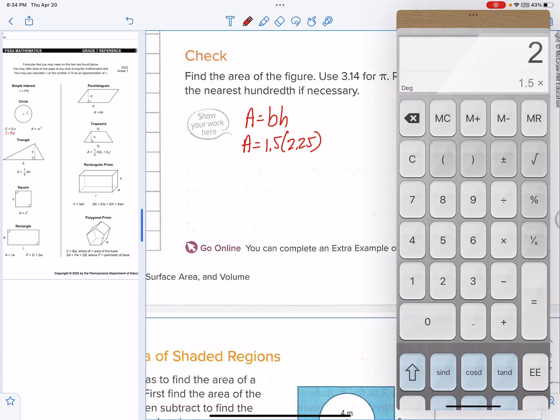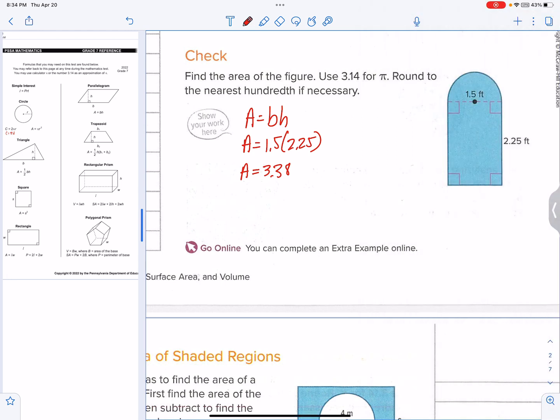1.5 times 2.25. And I get an area of 3.38 because we're rounding to the hundredth. Units is feet squared. Okay, now let's go ahead and do that semicircle. I know the area of a circle is pi r squared, so a semicircle is going to be half of pi r squared.